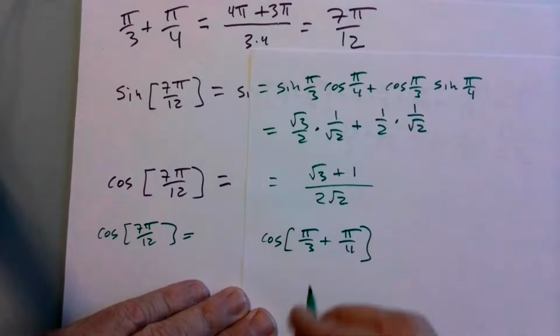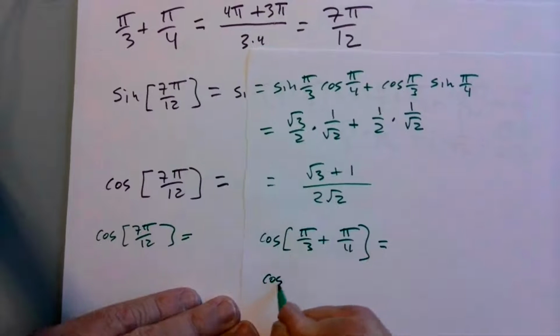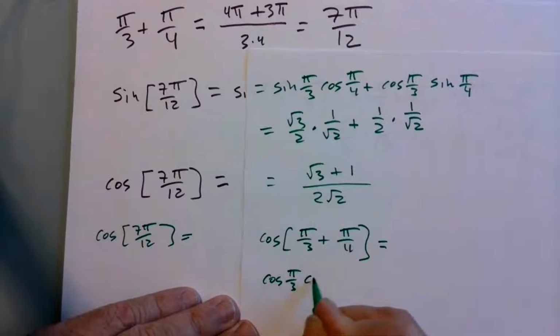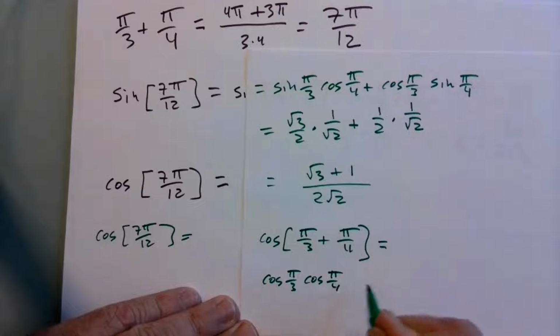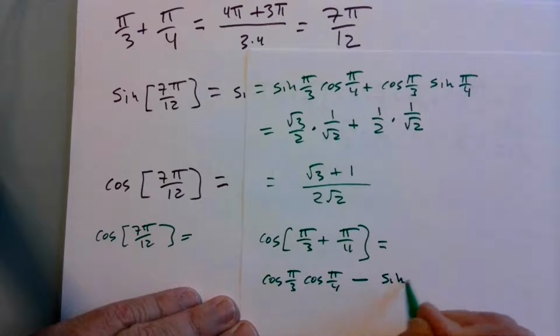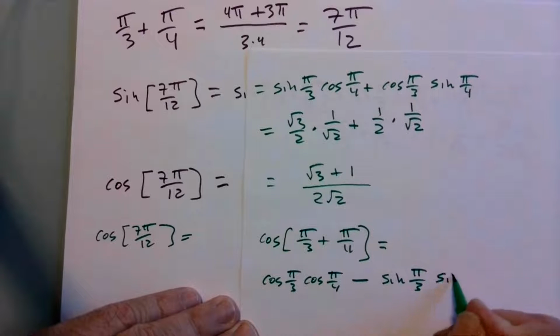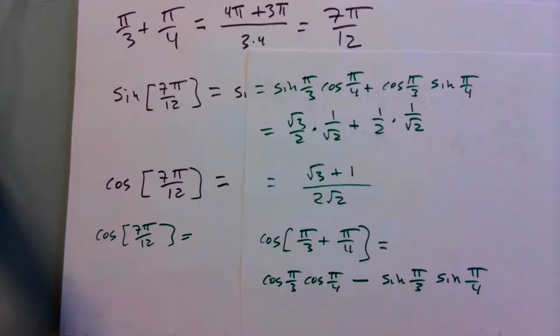So cos first, cos the second, equals cos pi over 3, cos pi over 4, minus sine pi over 3, sine pi over 4. And I hope I can get these right.